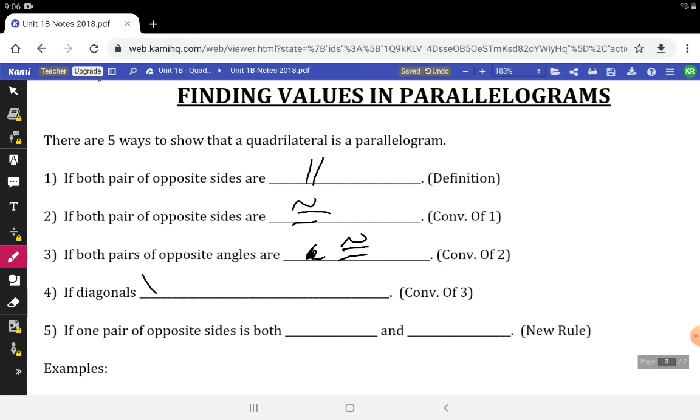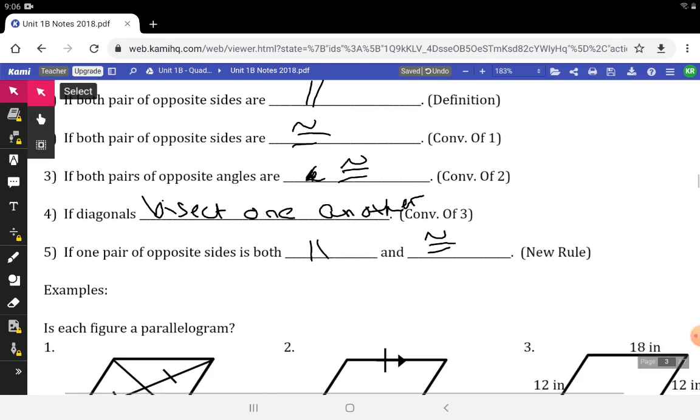If the diagonals bisect one another. And a new rule is that if one pair of opposite sides is both parallel and congruent. So let's look through a couple of examples.